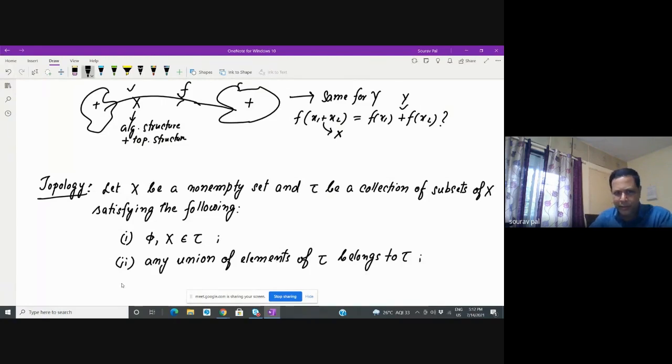And number three, it is closed under finite intersection, meaning given any finitely many of them, their intersection is there.